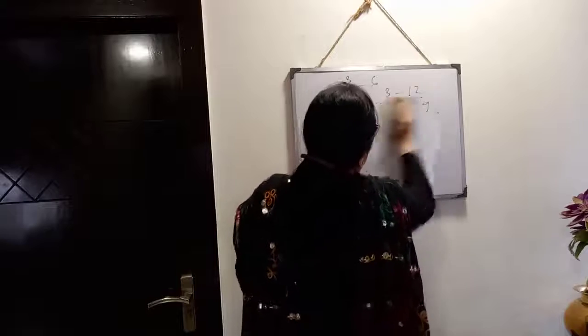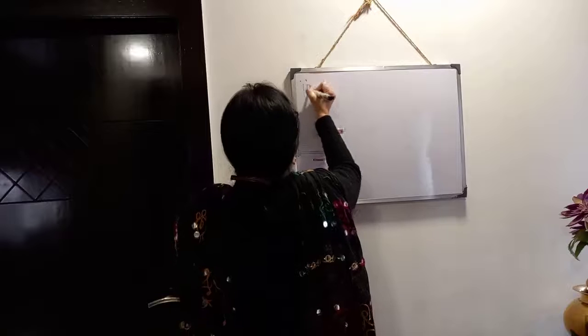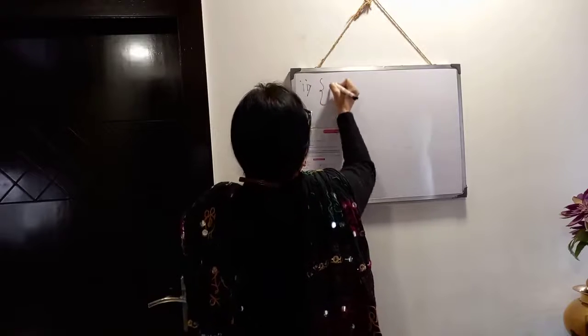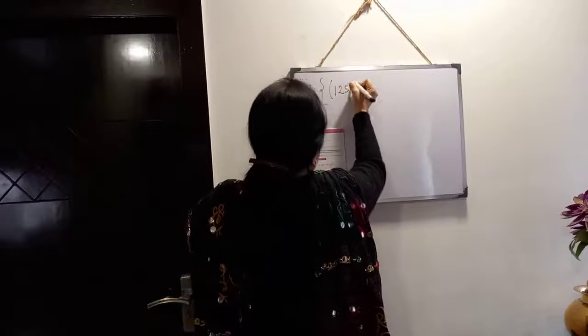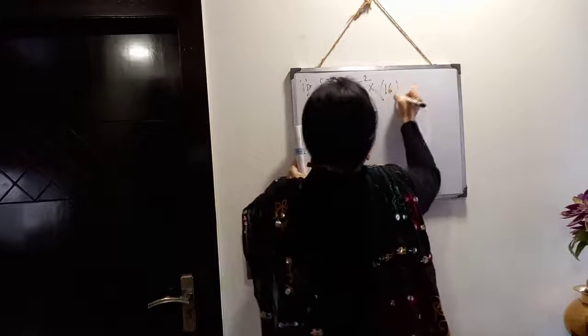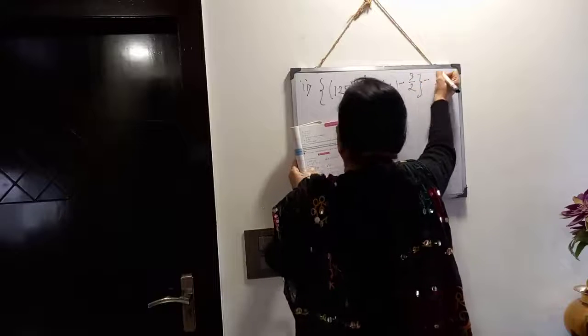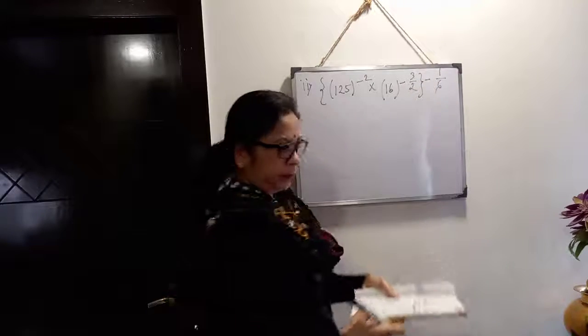Now I'll go to the next one. This is number 2. 125 to the power minus 2 into 16 to the power minus 3 by 2, whole to the power minus 1 by 6.